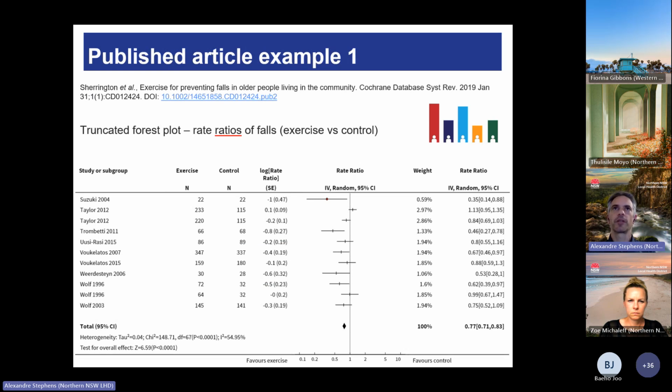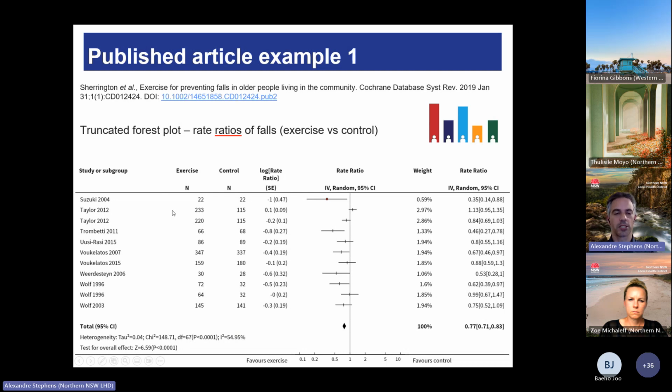So to finish off, we're going to go through a few examples to try and reinforce the concept we've spoken about for the analysis of categorical data. This is a published study on exercise for preventing falls in older community dwelling individuals. And this image here presents a truncated forest plot.